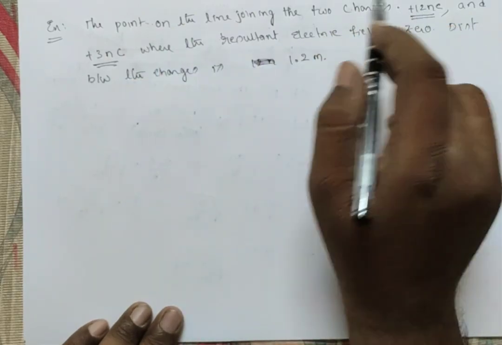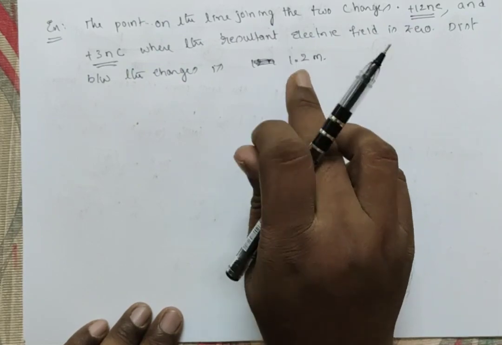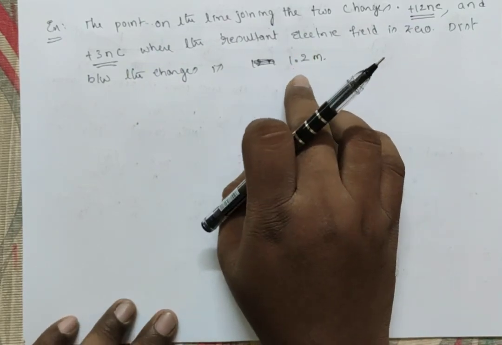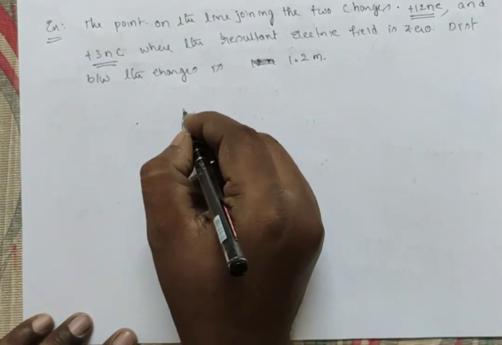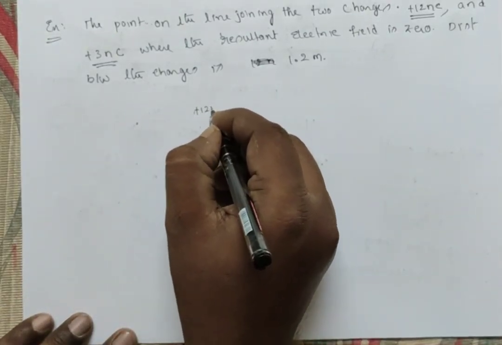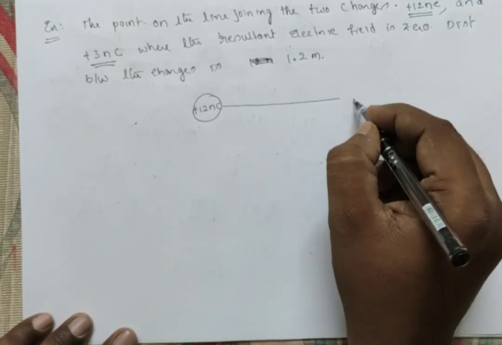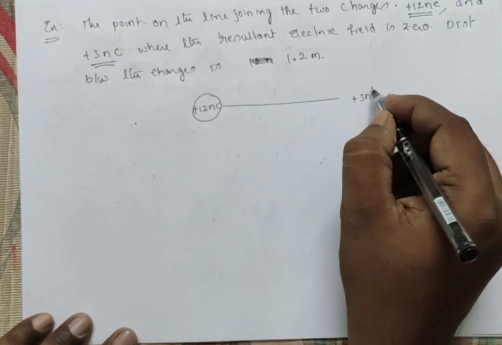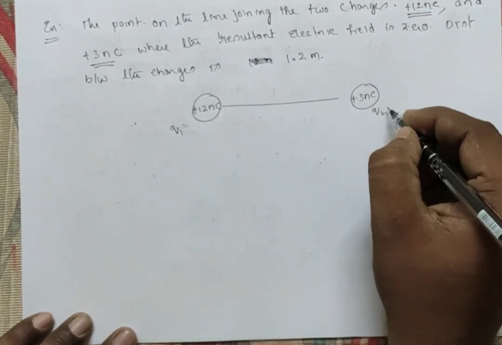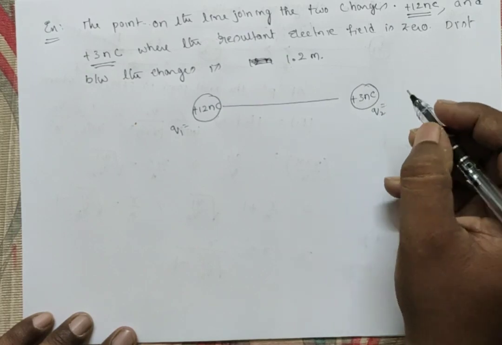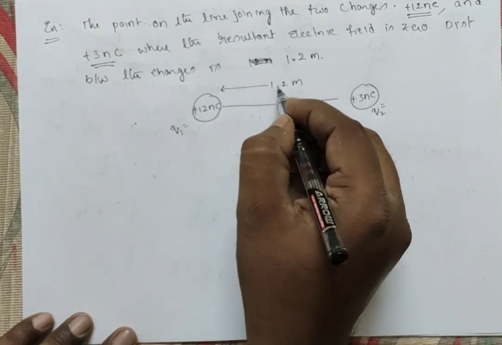Like charges means the null point is possible in between the charges, and the distance between them is 1.2 meters. So one is plus 12 nanocoulomb and another is plus 3 nanocoulomb. Let us take these as q1 and q2. Then the separation between them is 1.2 meters.